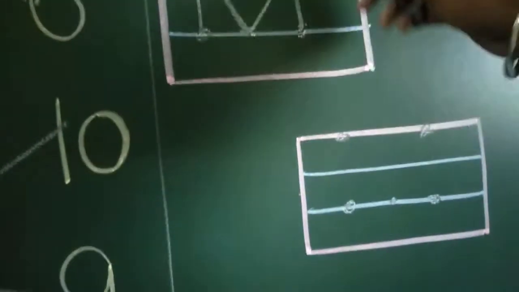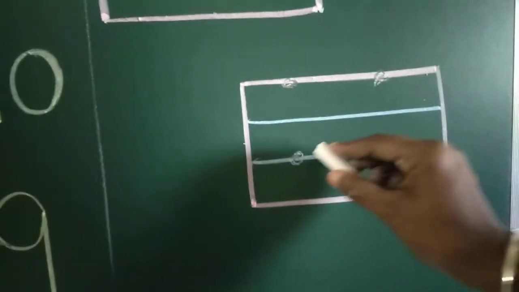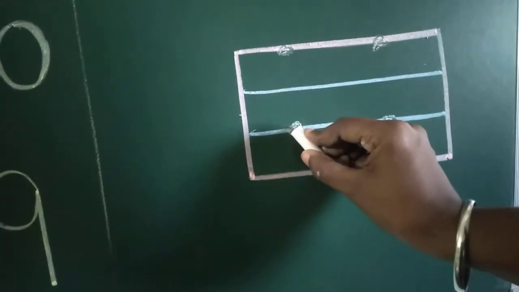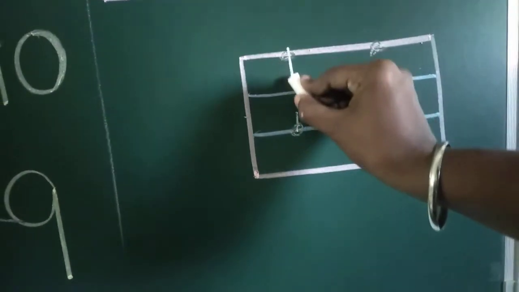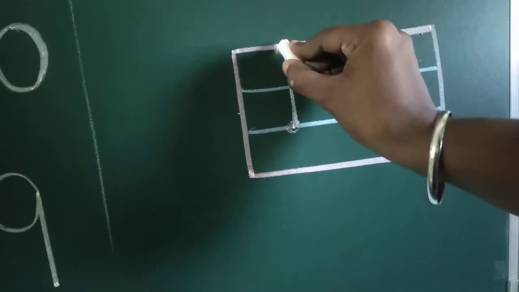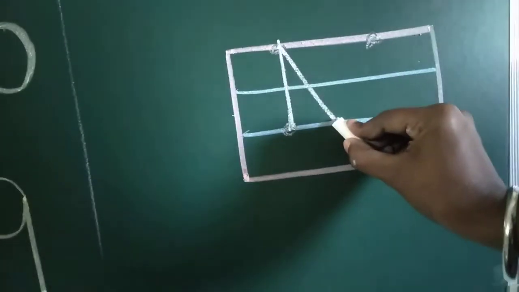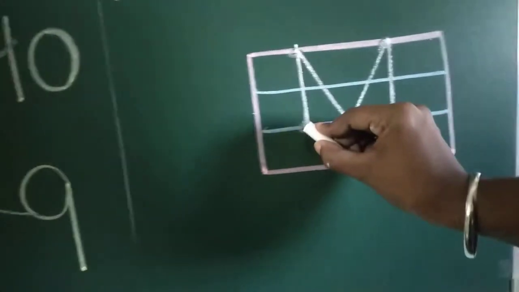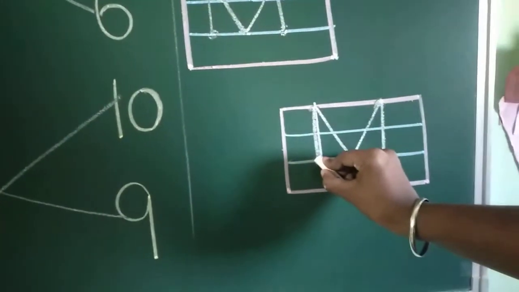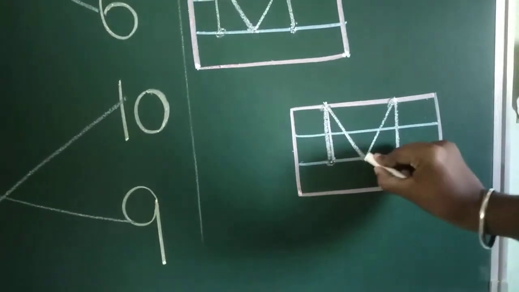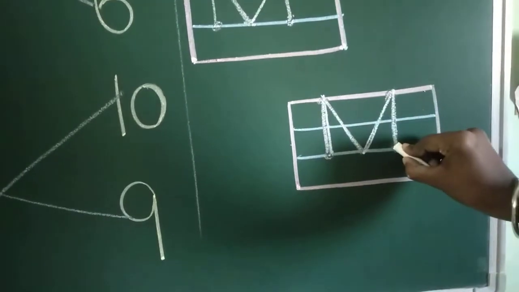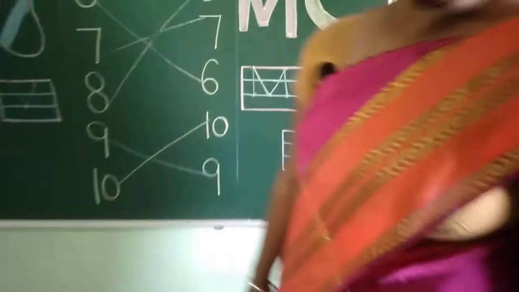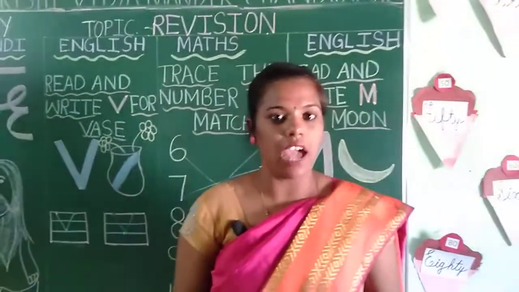In this way we will make M for moon. Again I will show you how we will write in an easy way. Standing line, red to blue, slanting line, down, up, down. Okay, one more time. Standing line, down, up, down. Okay, students, in this way we will write M for moon.